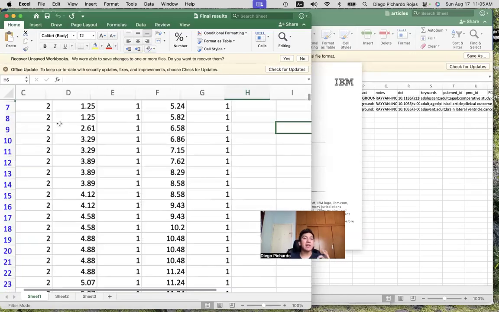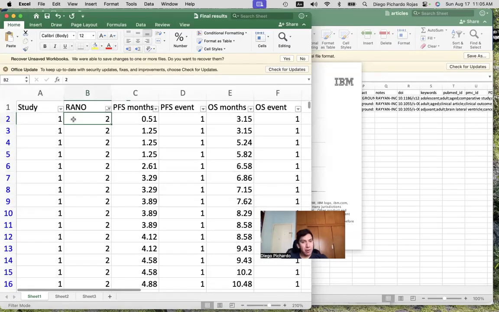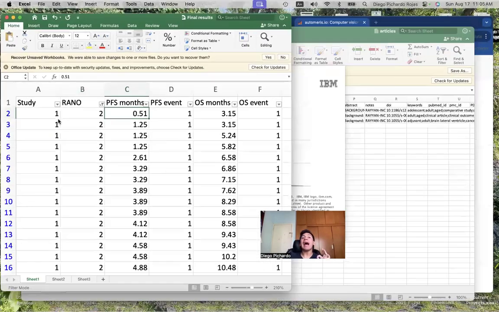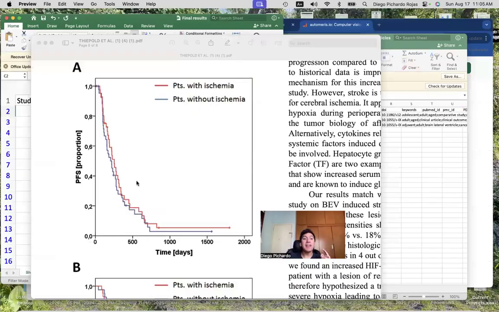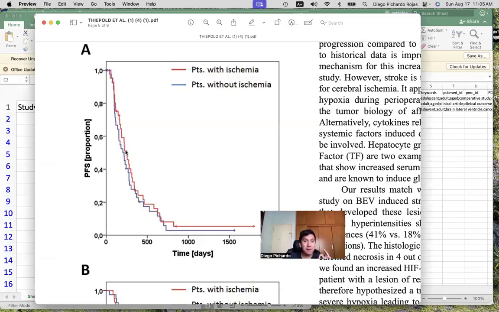So what did we get? We got the category of patient that they were, either supramaximal or gross total resection. We also wrote down what study they came from, and then we wrote down at what moment they reached any specific outcome and how many patients reached it.